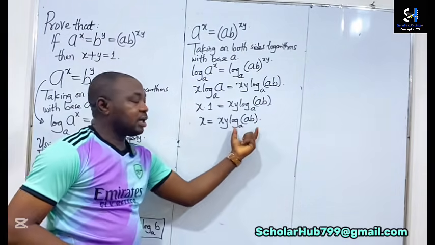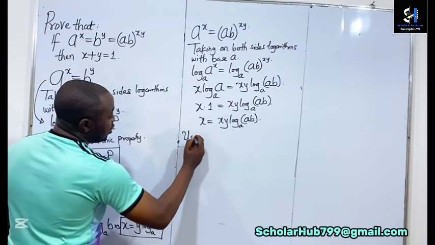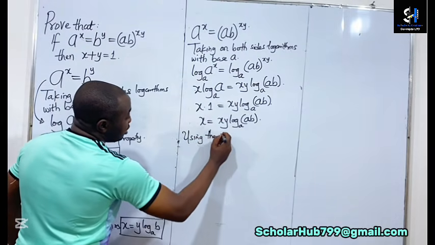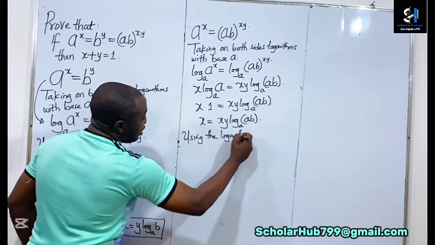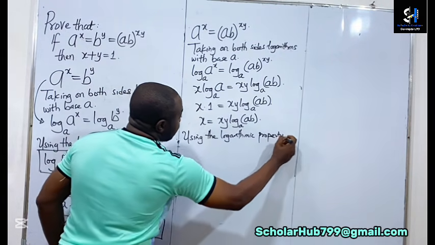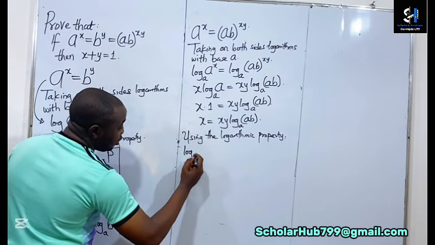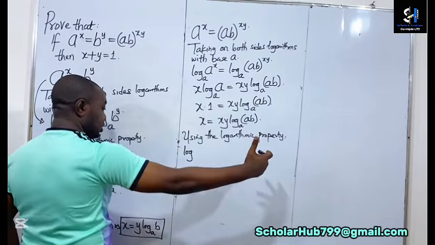Now let's expand this using the logarithmic property for the logarithm of the product of two quantities.